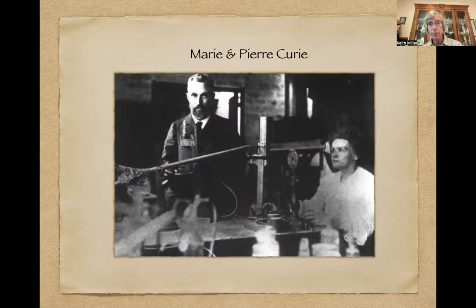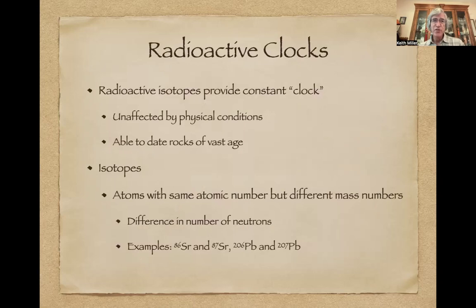Here's a picture of Marie and Pierre Curie. And so radioactive isotopes provide a constant clock. There have been all kinds of tests done to confirm the constant rates of radioactive decay, and all experiments and all observations conclude that these rates are absolutely constant, and they are unaffected by physical conditions.